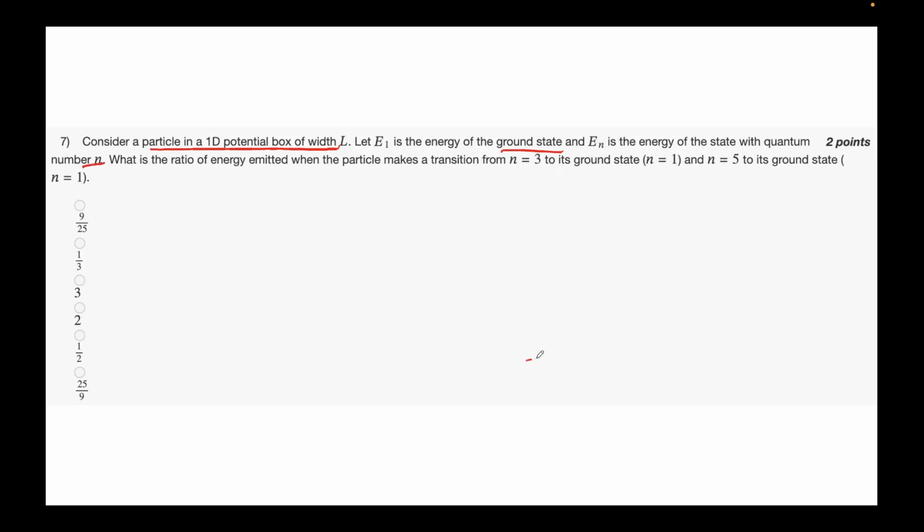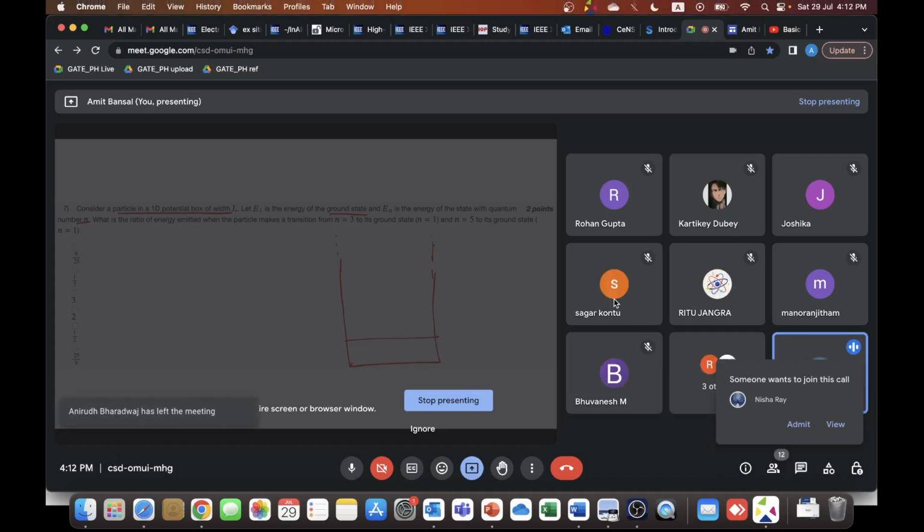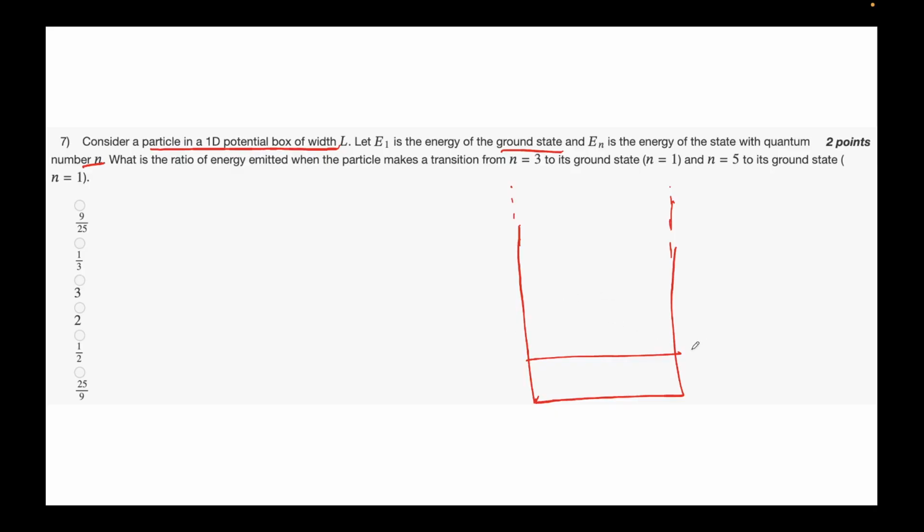So let me just draw this. This is a particle in a box. So this is a box. Here it's infinite energy, so the particle is forever confined to this space. Unfortunately, it cannot leave. This is its ground state energy.